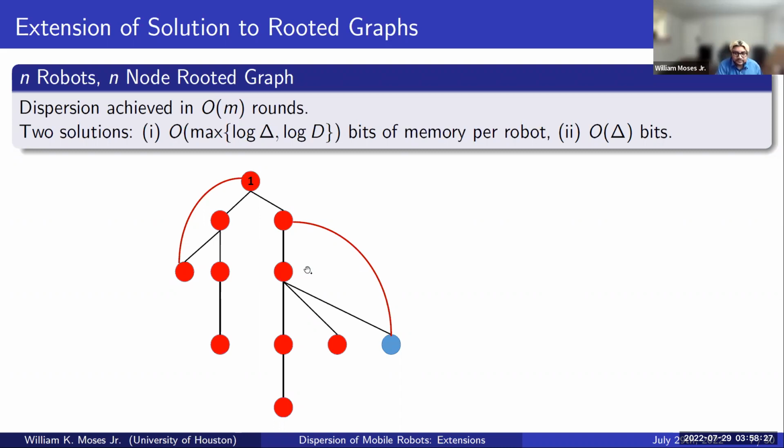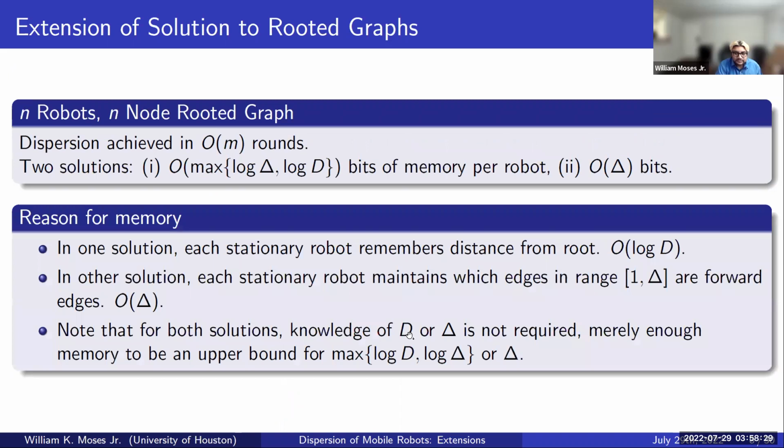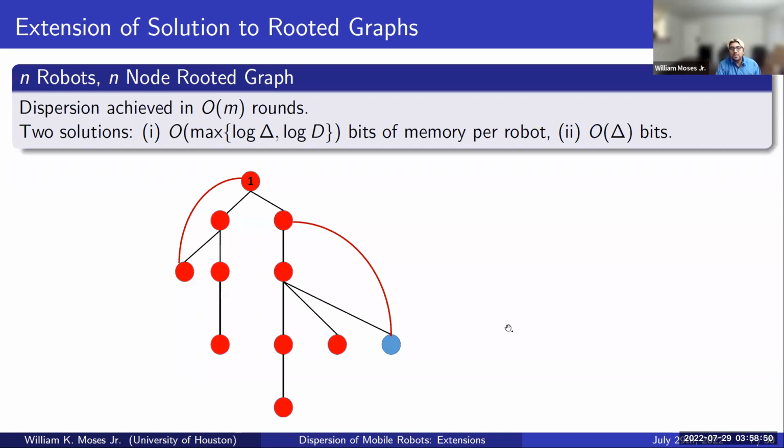In this manner, we can solve this problem using either the maximum of log d, log delta bits of memory, or in fact, just delta bits of memory. The thing is, this is an intermediary solution, and I mentioned earlier that there's already a paper that improves on this. What they did was realize the key insight: I said we needed this extra memory to determine back edges, but you really don't.